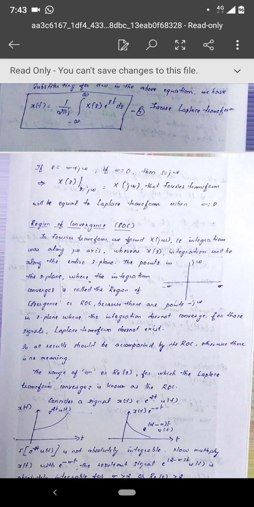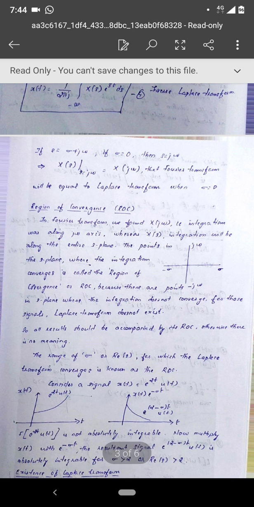The s plane can have so many points. The X of s integration will be along the entire s plane. So instead of integration along the j omega axis, which was the case in the Fourier transform, we have integration all along the s plane in the Laplace transform. The points in the s plane where the integration converges is called the region of convergence.